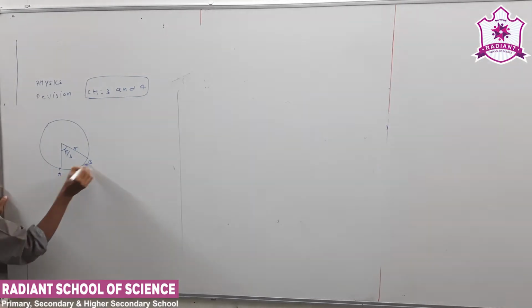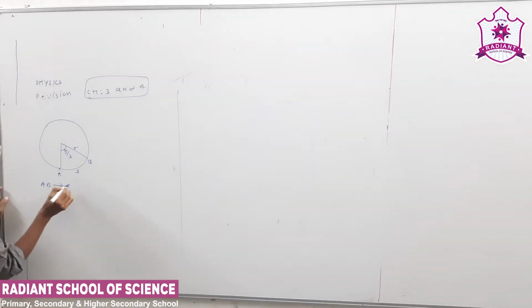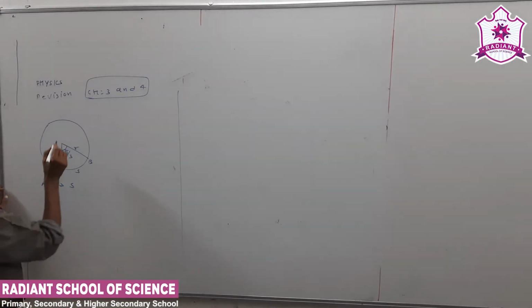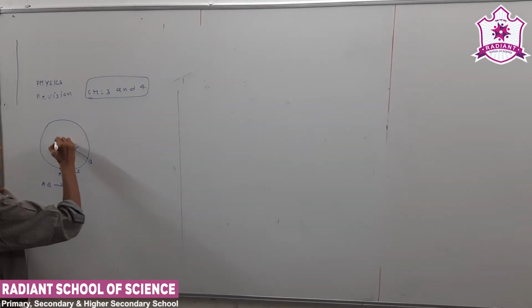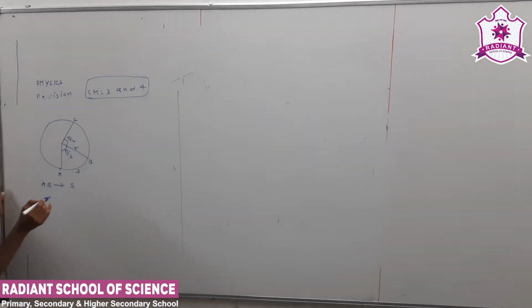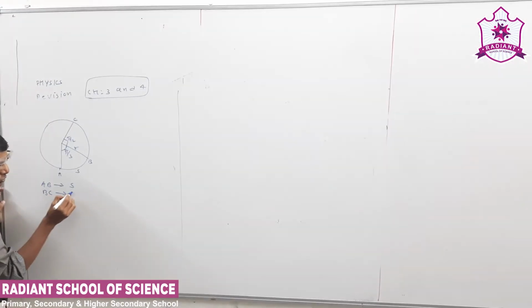Now AB part, it moves with the speed s. Then 90 degrees, BC part moves with the speed 2s.